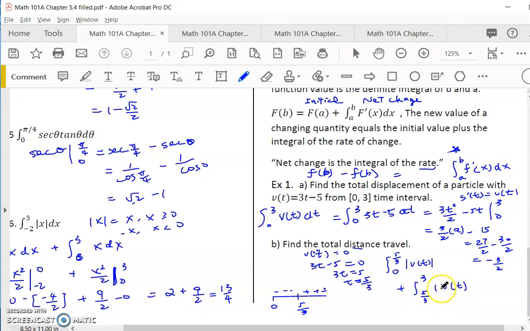This one is positive, so we don't have to do anything, it's just v of t dt. But this one is negative, so if we take out the absolute value, it becomes negative v of t dt. So you're doing two of them.